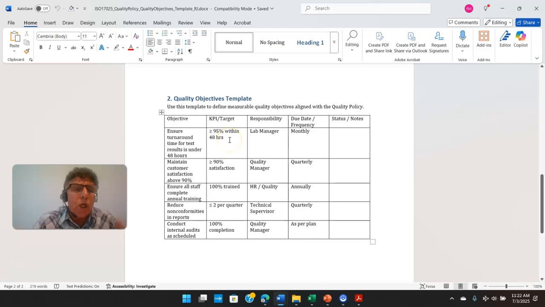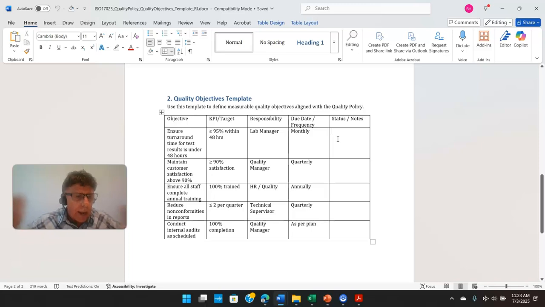KPI target, I don't want anything less than 95% on-time generation of test results. In this case it is 48 hours, but in your case, it could be a week, 2 weeks, whatever is reasonable for your test results, depending on your scope. And then who's responsible, and then how often do we measure this? And then what is the current status?